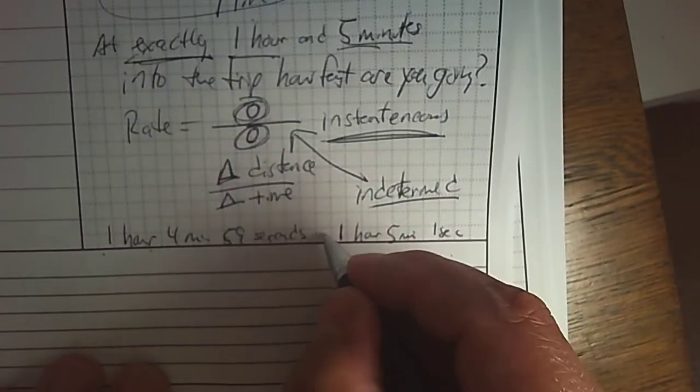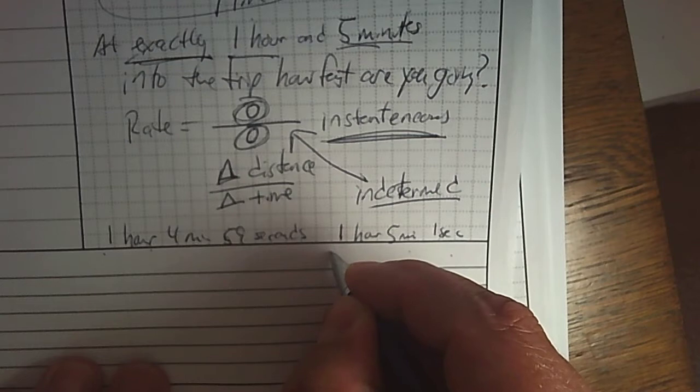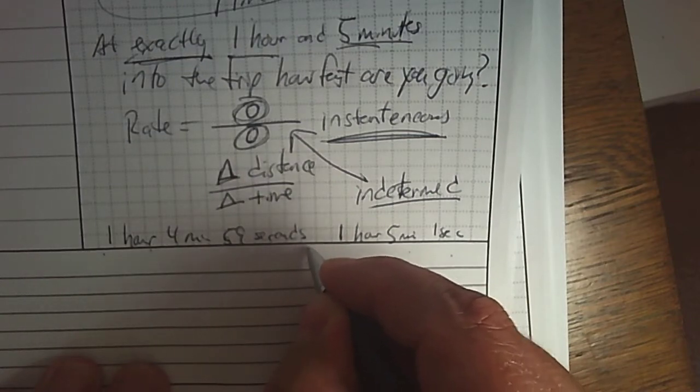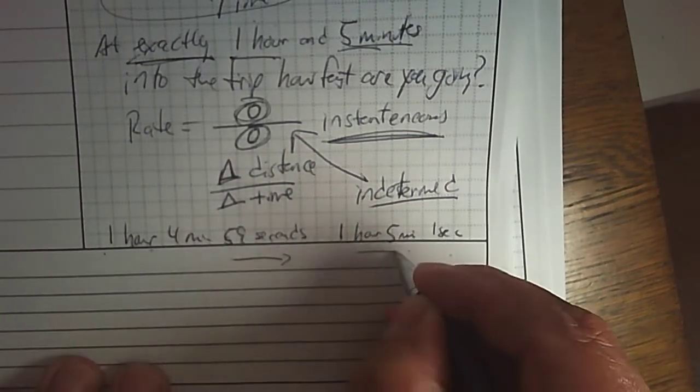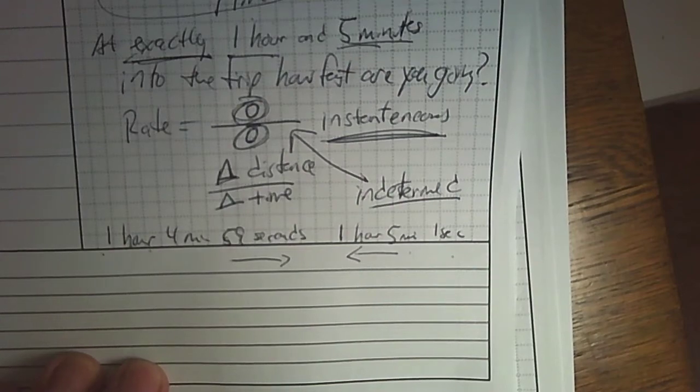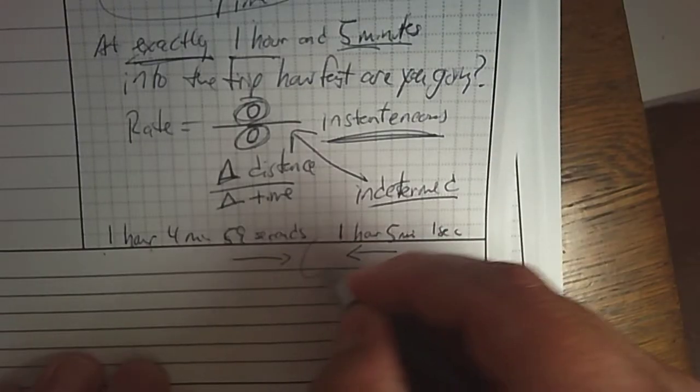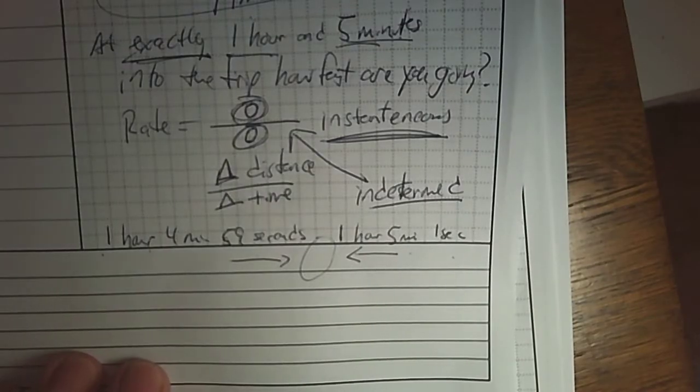If I can see that, now we have a time change and a distance. So we actually have something to calculate in terms of those two things. The answer you come up with may not exactly match, but it'll be close enough.